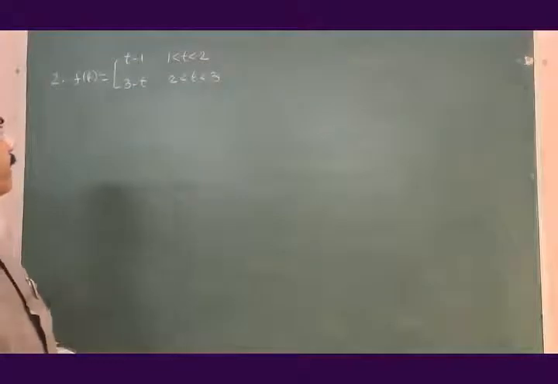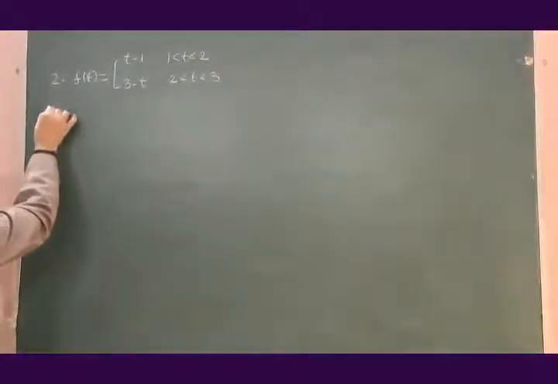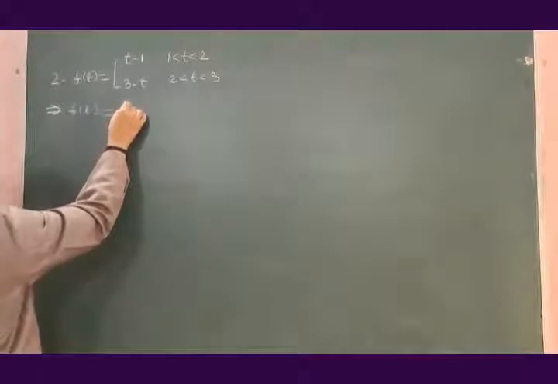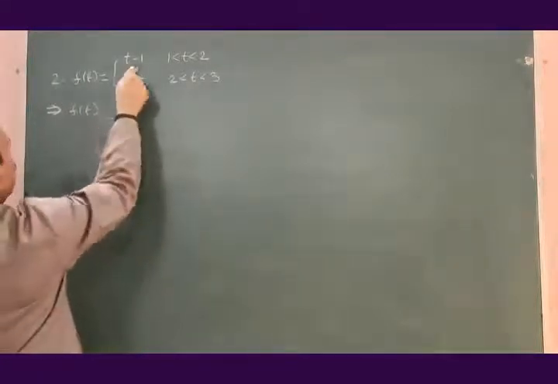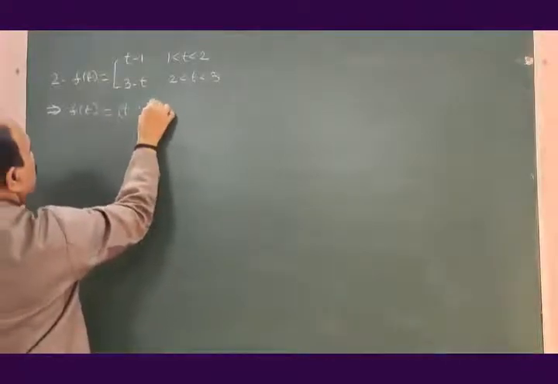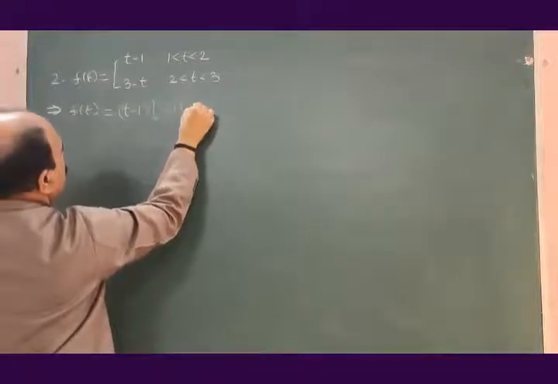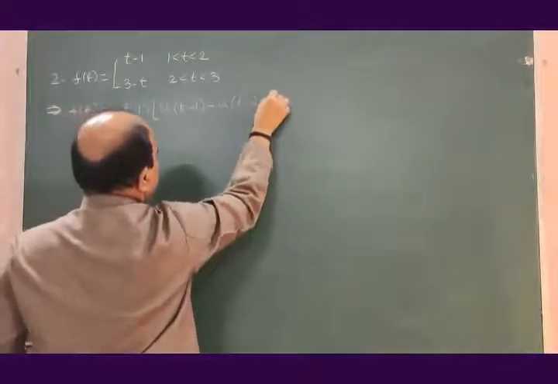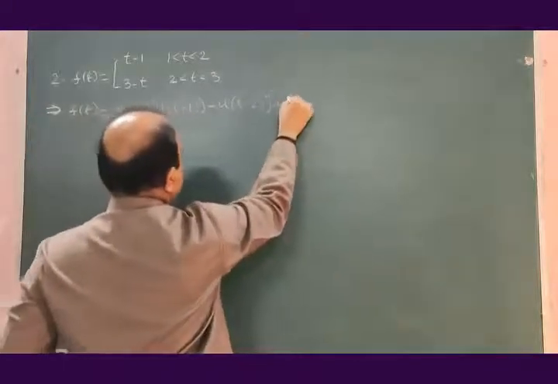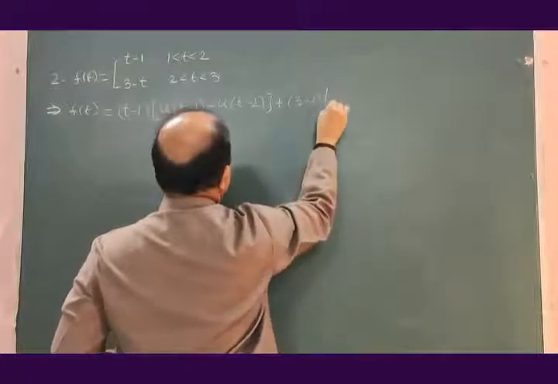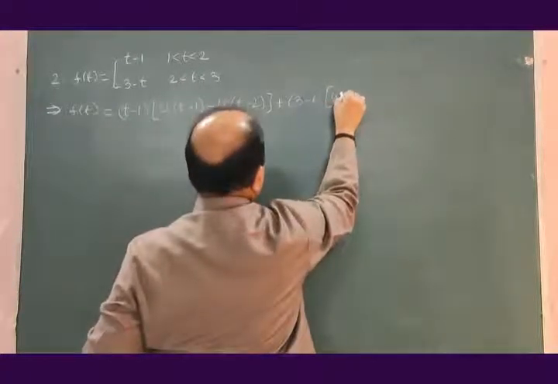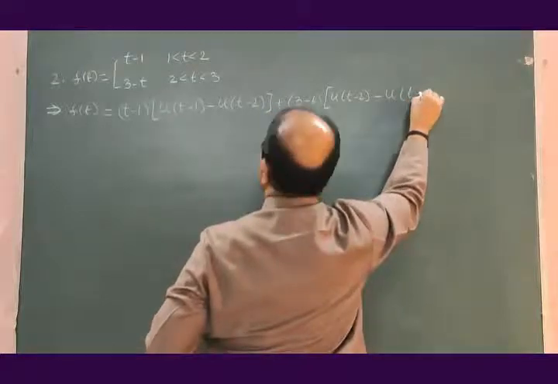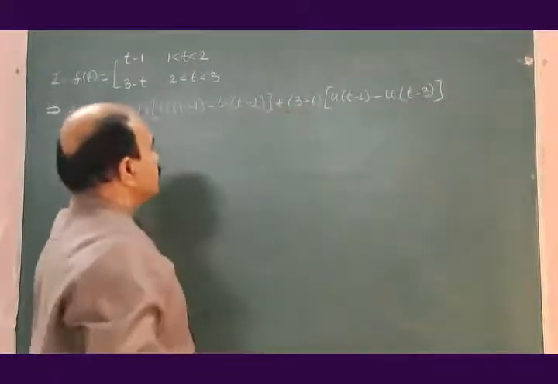And that is f of t is equal to t minus 1 into u of t minus 1 minus u of t minus 2, plus 3 minus t into u of t minus 2 minus u of t minus 3.